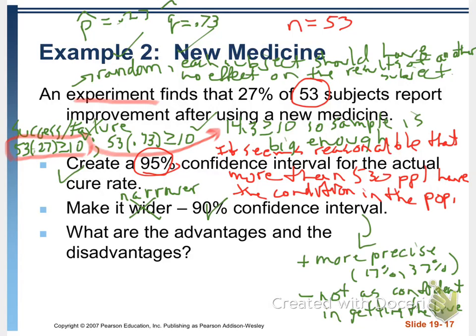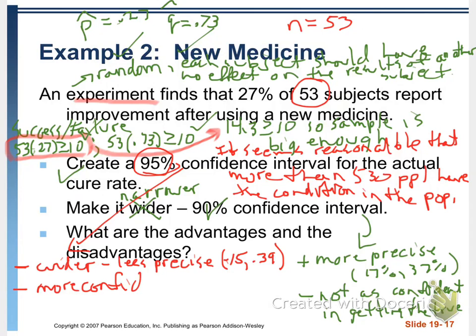Where the 95% confidence interval, the negative is that it's wider, and so it's less precise because it's between 15 and 39, but we're more confident that we have the true cure rate.